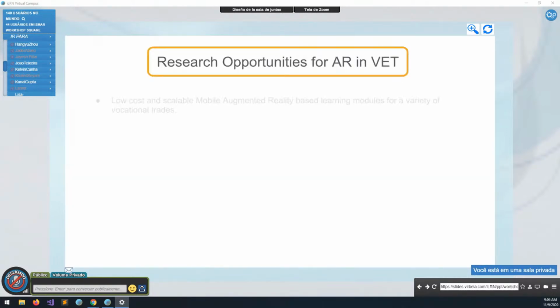So starting with looking into low cost and scalable mobile augmented reality based learning modules for a variety of vocational trades. So right now we are concentrated on a limited set of vocational trades that augmented reality has looked into for teaching vocational skills. There is a huge range of skills that can actually be explored and taught using augmented reality, and we can create modules for them.